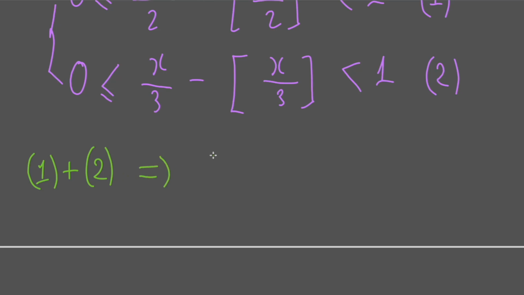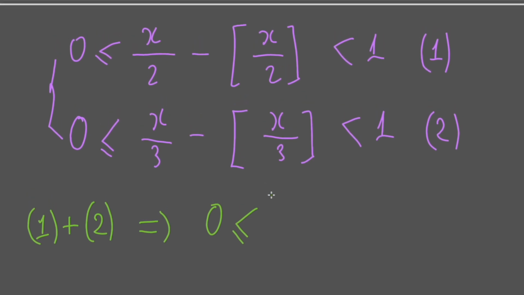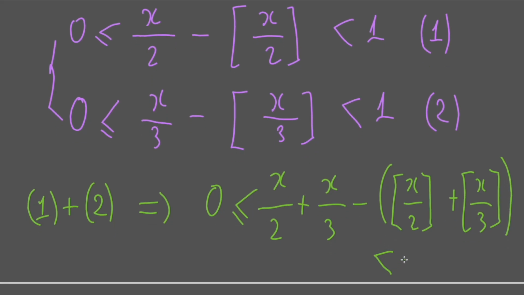Then you will have 0 smaller or equal to x over 2 plus x over 3 minus floor of x over 2 plus floor of x over 3 smaller than 2.